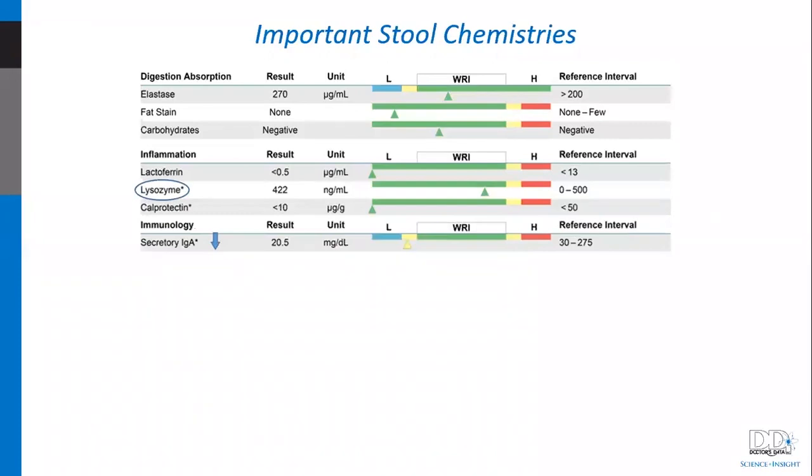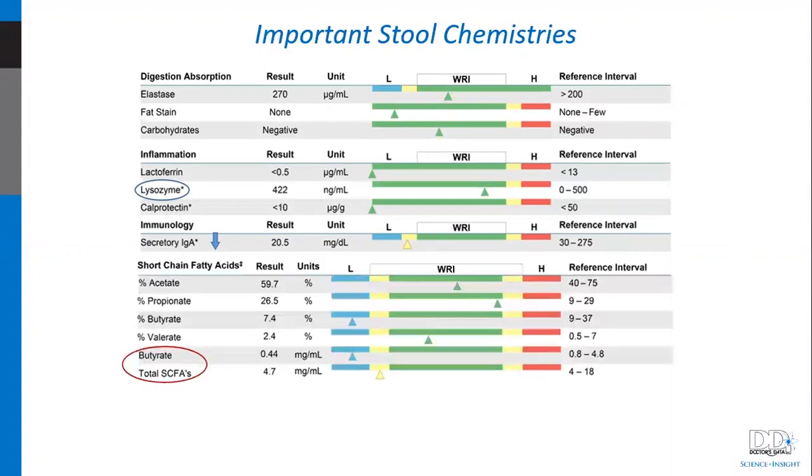And of course, secretory IgA being the brick in the mucus barrier. In this case, on the low end, y'all know what to do there.